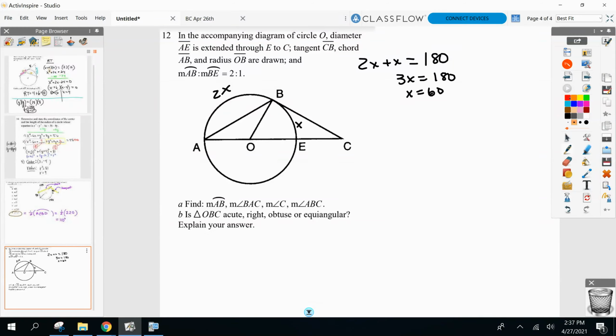So arc BE is 60, arc AB is 120, and the only other arc is the 180 degree arc.